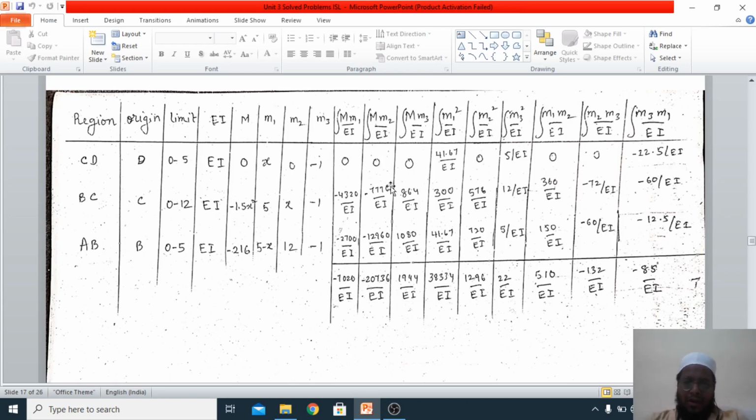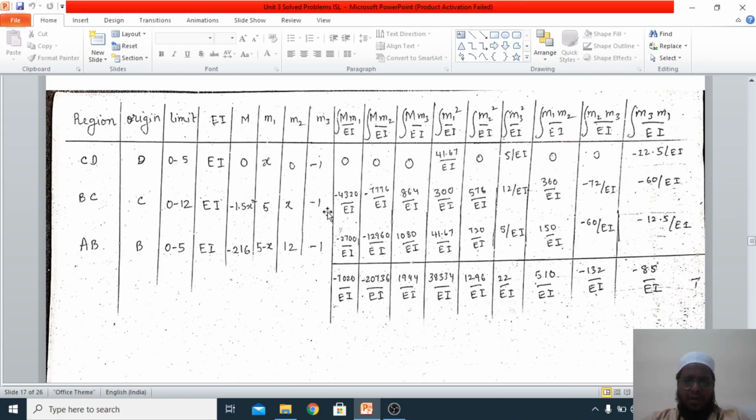So accordingly, we'll multiply and take the integration of these values, that is M1. You can see here M1, 0 into something will be 0. Similarly, capital M2, 0 into something is again 0. Capital M3 is again 0 into something will be 0. So the entire first row will become 0.